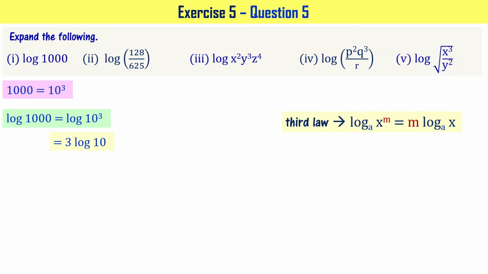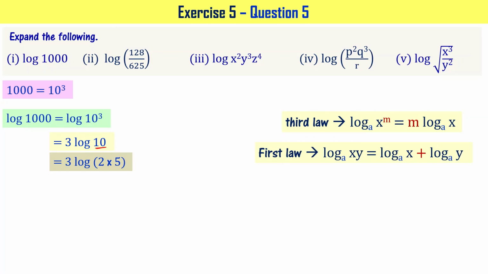Now, this 10 can be further written as 2 times 5, right? Let me write that. 3 log of 2 times 5. Now let's apply first law. As per the first law, I can write it as log 2 plus log 5, right? So it is going to be 3 times log 2 plus log 5.